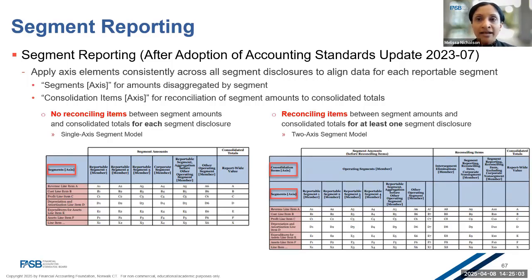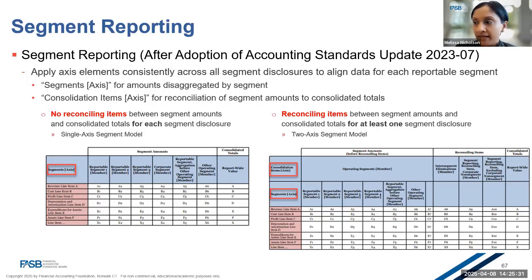When there are no reconciling items between the segment amounts and the consolidated totals for each segment disclosure, that is, for each segment you have your revenues and the profits and assets, CapEx, D&A, and the amounts that you're disclosing for each reportable segment sum to your consolidated totals, then only the segment's axis is to be applied for tagging that information.